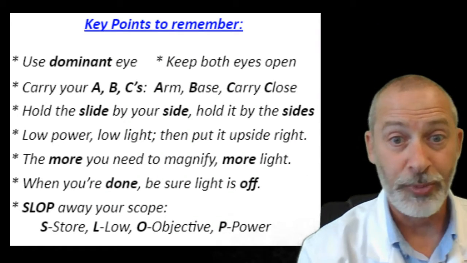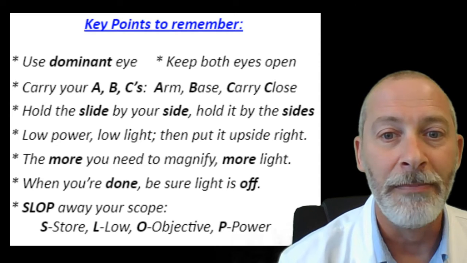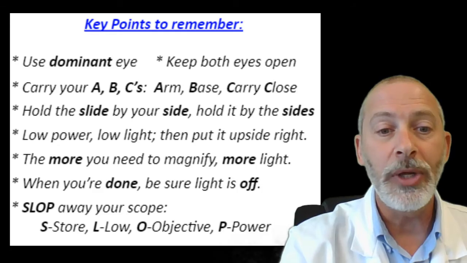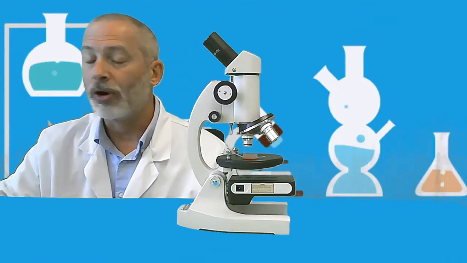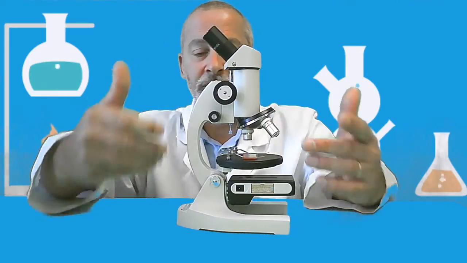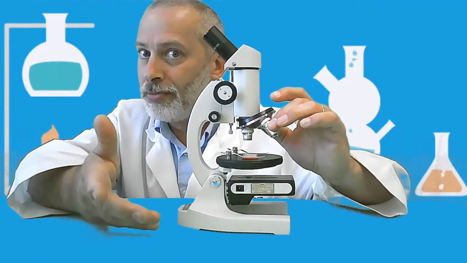And that's our next point. The more you need to magnify, the more light you will need. So as we look back at our close-up view, let's say we've got our specimen in view right now under low power, and we want to zoom in.